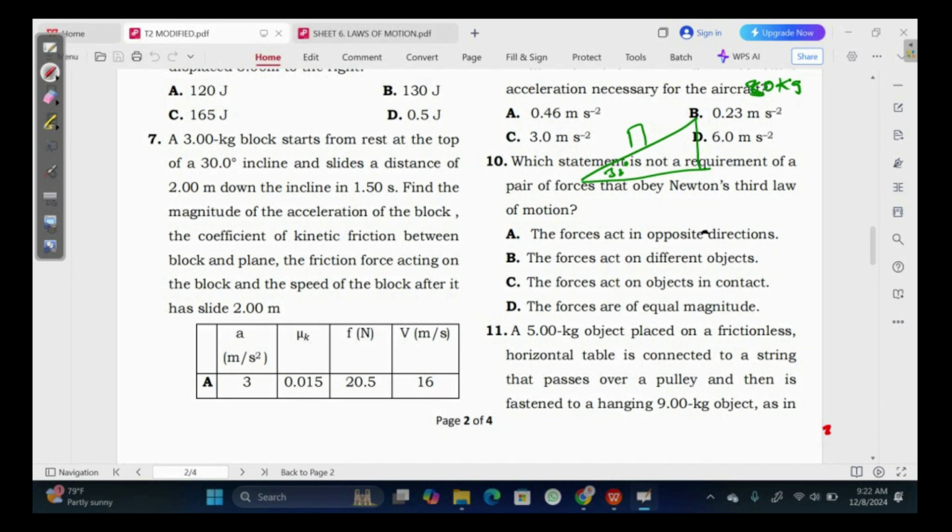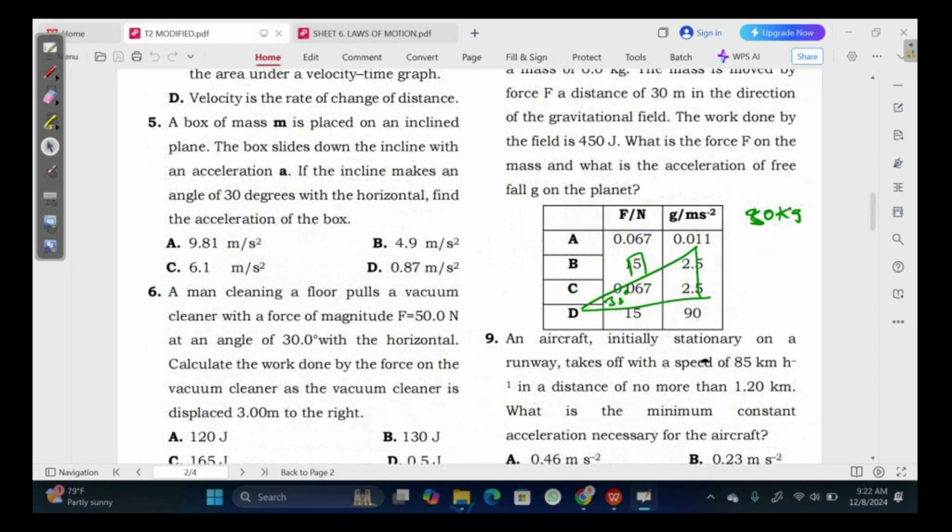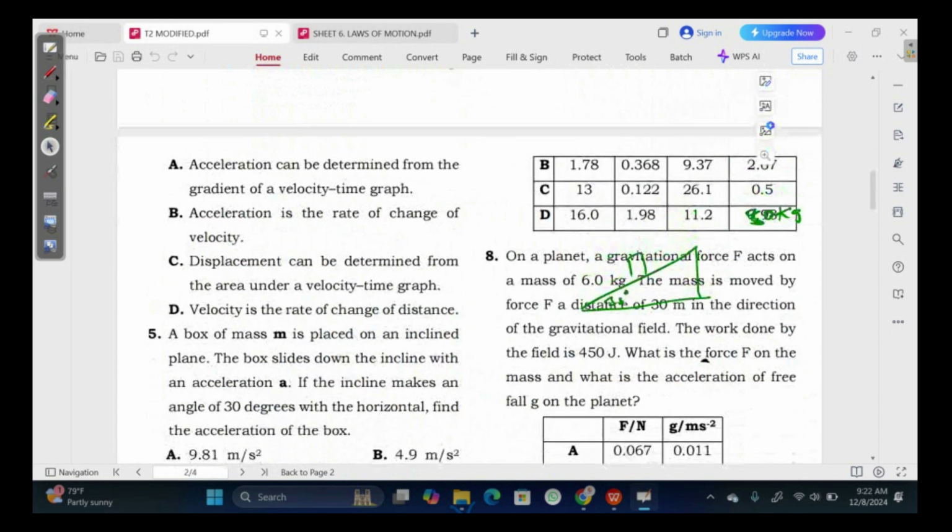Then we go to B. One thing I like about MCQ is that the only answer which has got 1.78 is B, meaning that I don't even have to check other things.